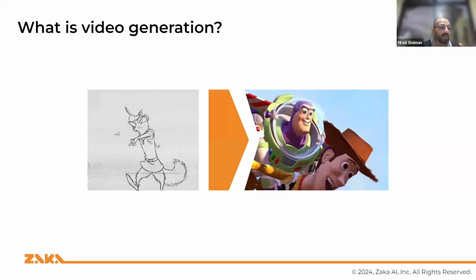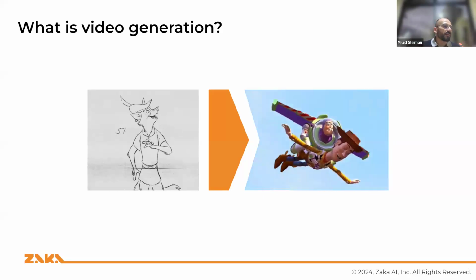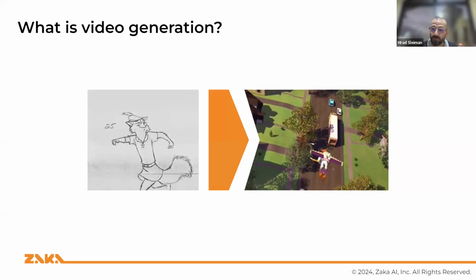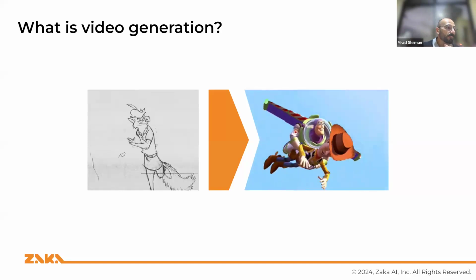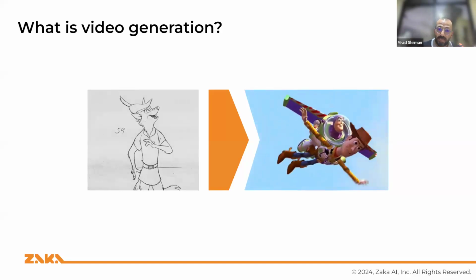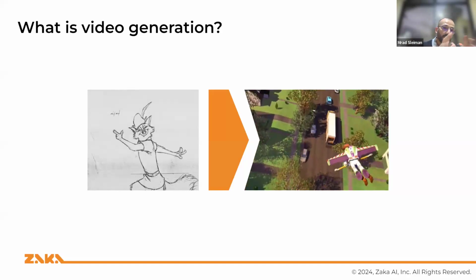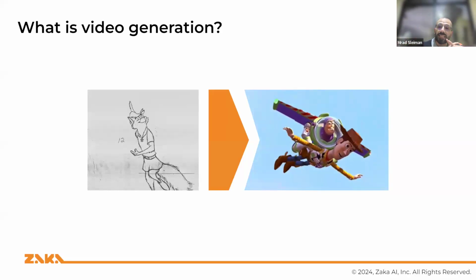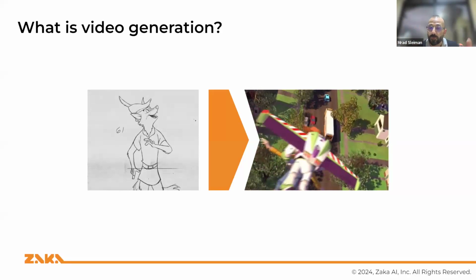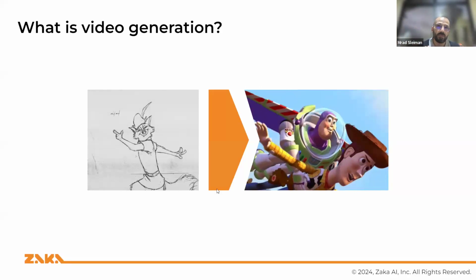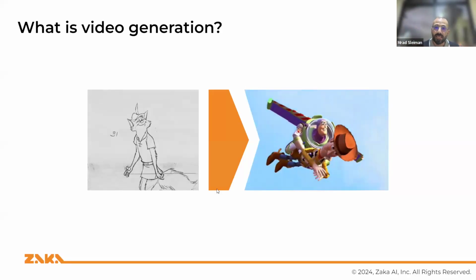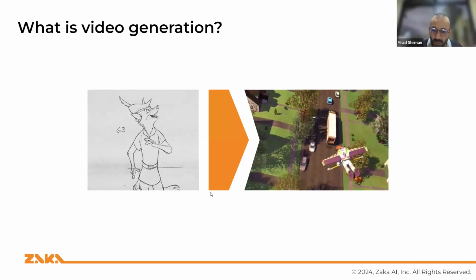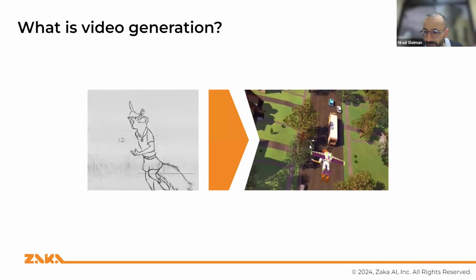Video generation could be the animation, maybe traditional, as you can see, traditional hand-drawn cartoon, right? Maybe we can use 3D computer animations. These are all types of video generation. Maybe you can talk about editing. So we have this raw footage, whether it is animated or recorded, and we use AI to transform it into a final product.